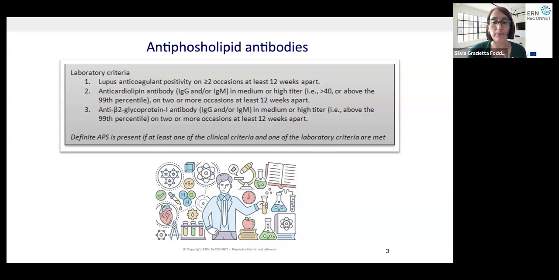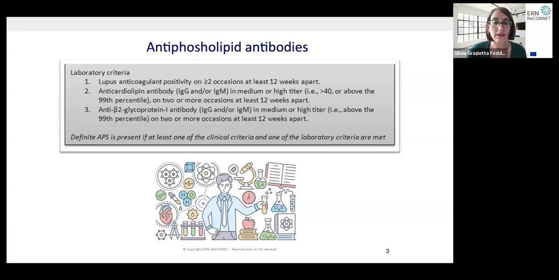The presence of these antibodies is necessary for the diagnosis to be made, and at the same time, their presence is the way through which the manifestations characteristic of the syndrome, so thrombotic events or pregnancy morbidity, exert themselves.